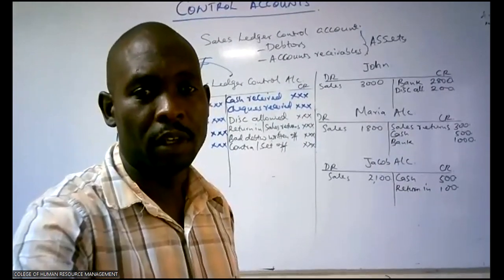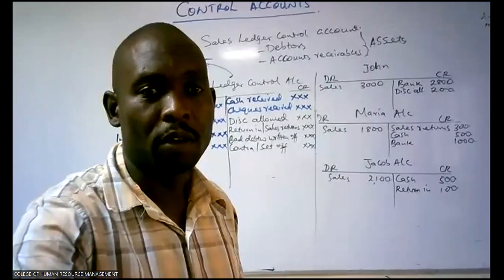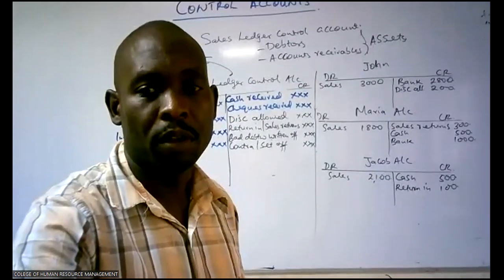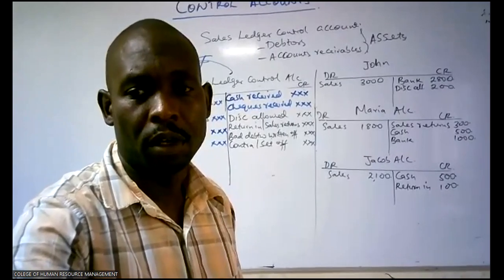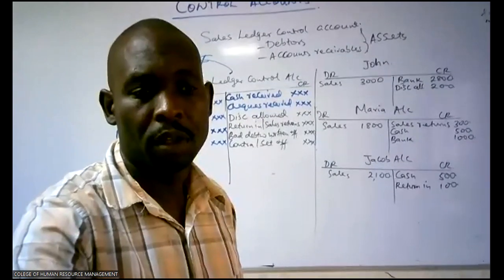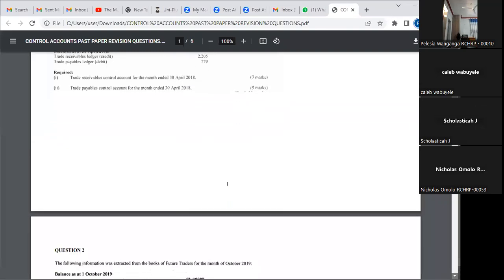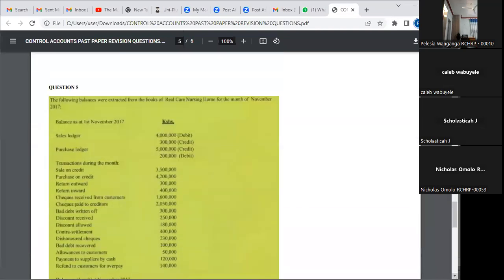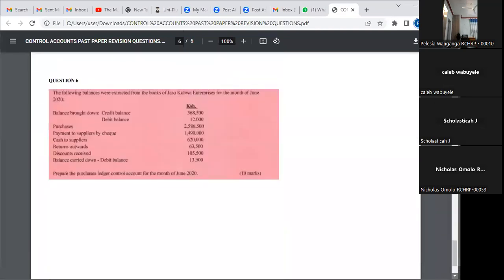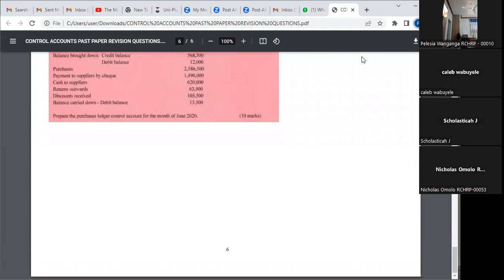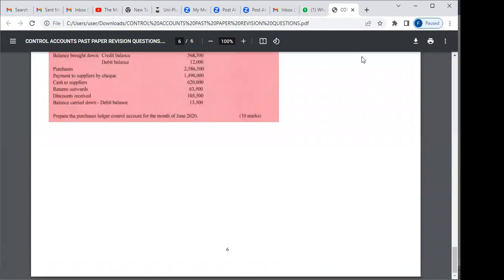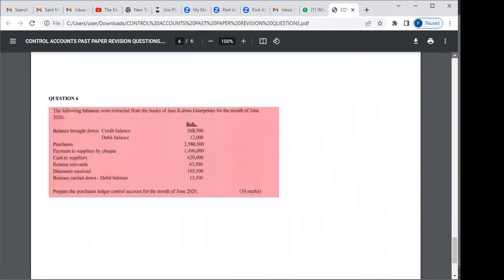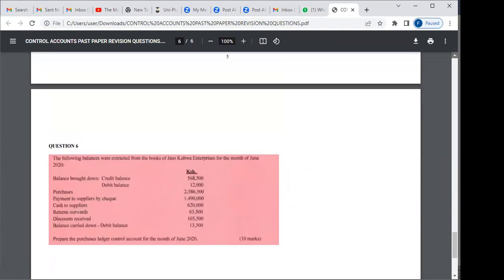I don't know whether we have one question that is asking about this. Can you look at the document I shared with you? We don't have one specifically for that. I thought we had one question specifically about the sales ledger control account, but we don't. Question number 6 is about the purchases ledger control account.